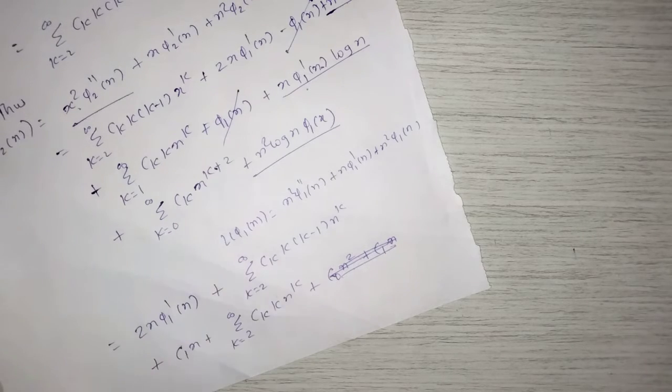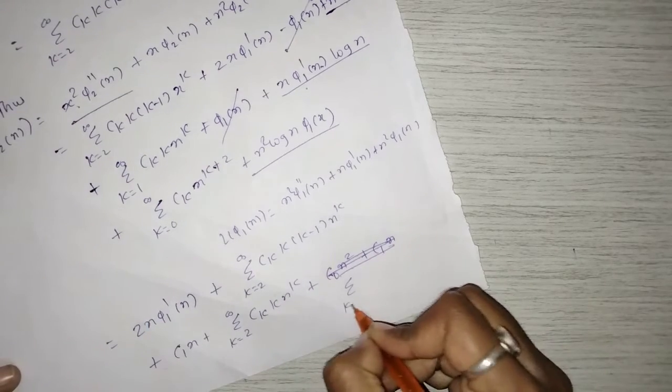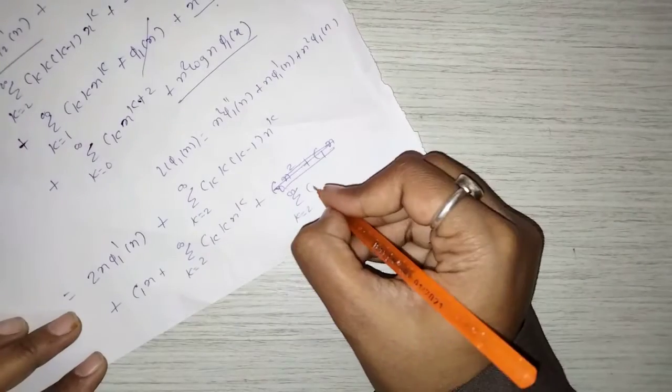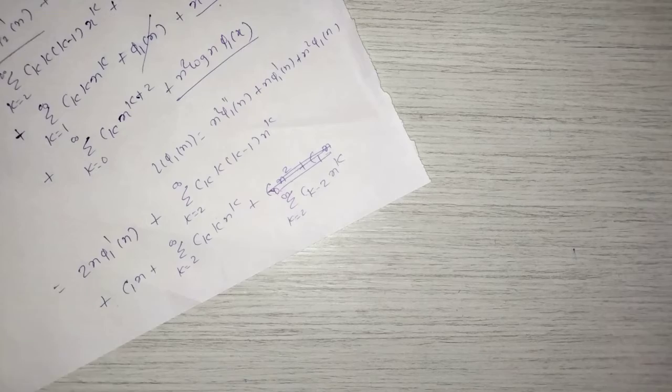How? Replace k by k minus 2. So the series starts from k equal to 2 to infinity, ck minus 2 x raised to k.